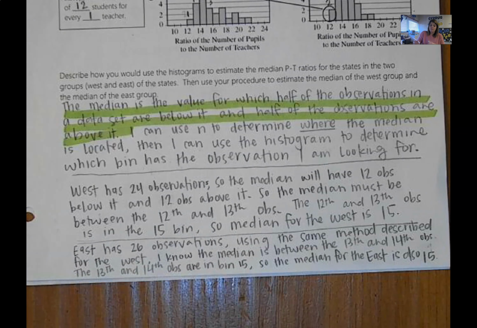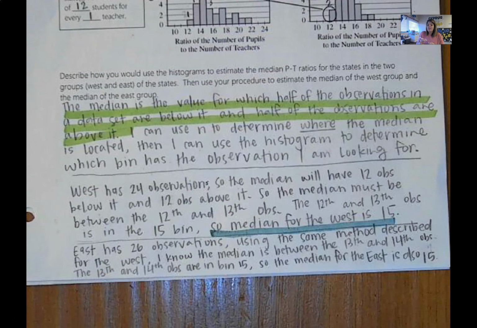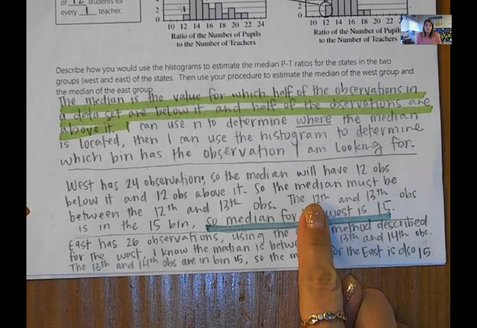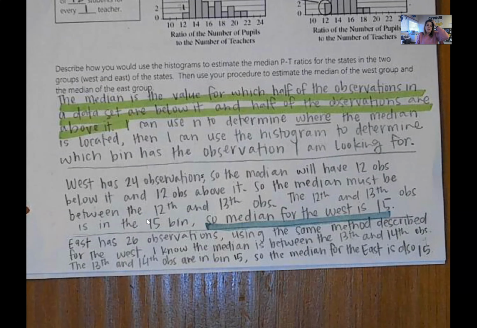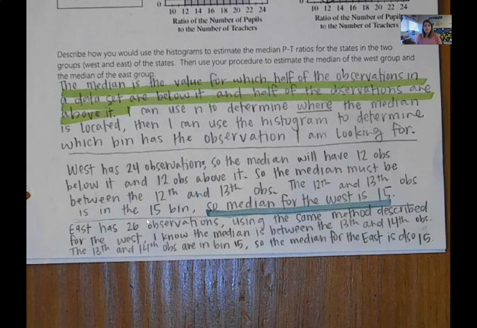Make sure, fam, that you clearly state the median. It is not enough to say the 12th and 13th observation are in the 15 bin. You have to somewhere clearly say the median for the West is 15. Now notice, since I explained it pretty well on the West histogram, I can just refer to it to find the median for the East.